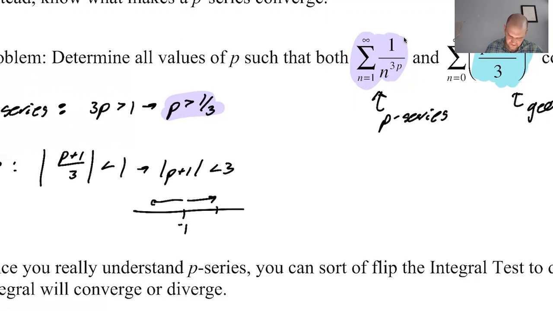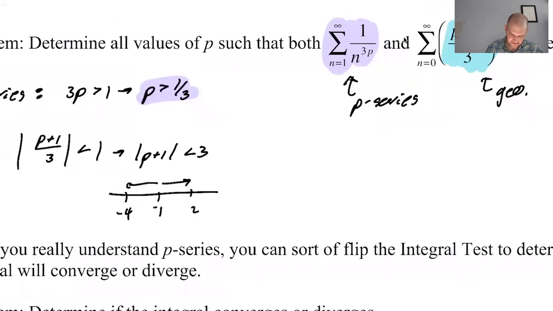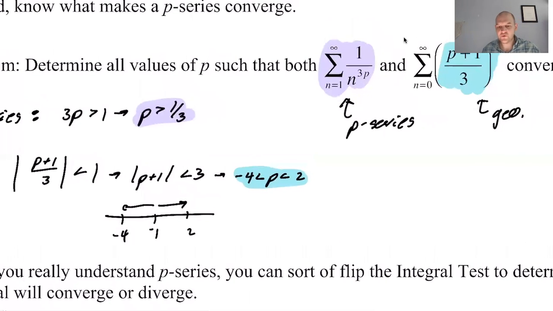If I go 3 this way, it'll take me to 2. If I go 3 this way, it takes me to -4. Okay, so what do I need to be true? I need -4 < p < 2. So this is for our geometric series. So I need both of those to be true.